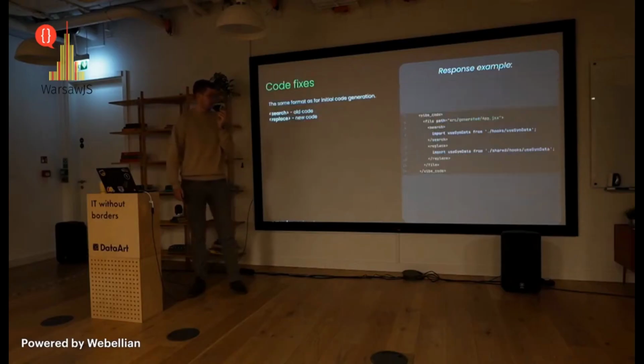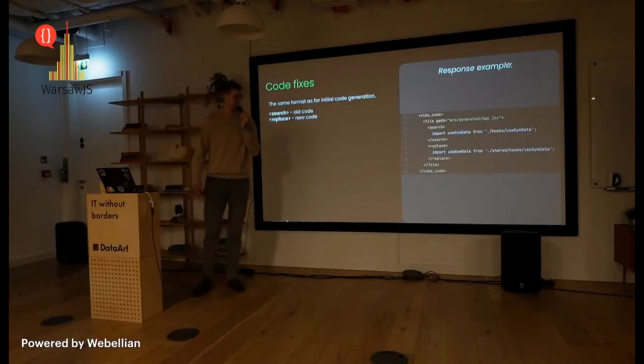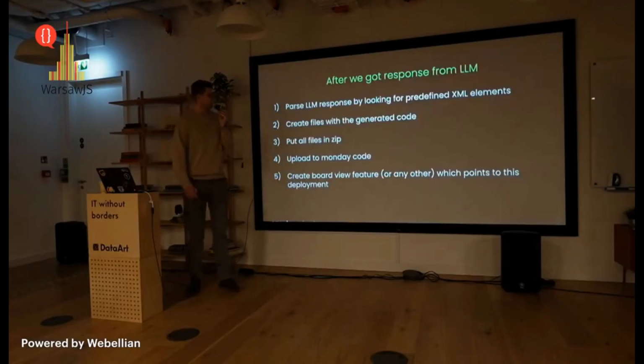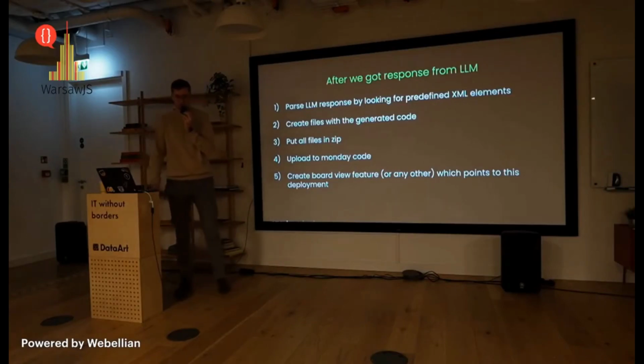And when it comes to code fixes, it's all the same, just in the search block it will be the old code, and the replace block will be the new code. So here you can see an example of how AI is trying to fix the file import. After we get the response from the LLM, it comes in a pure string format.